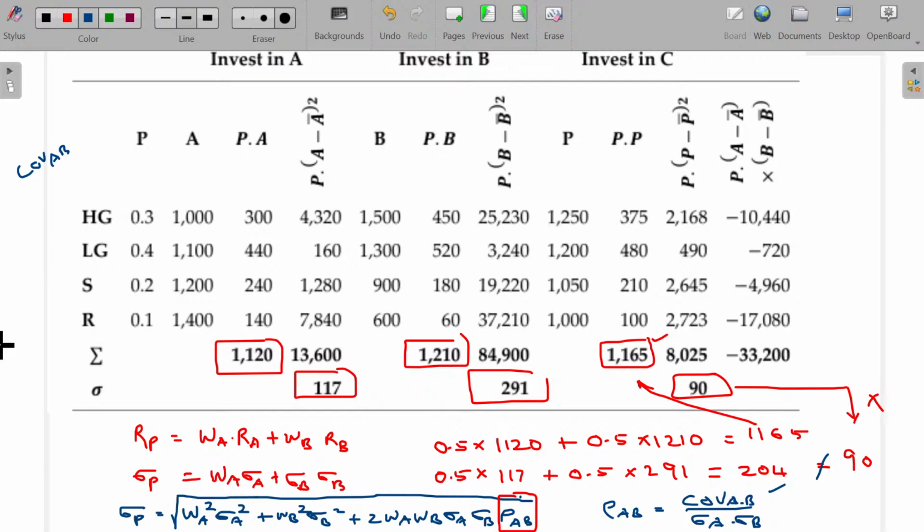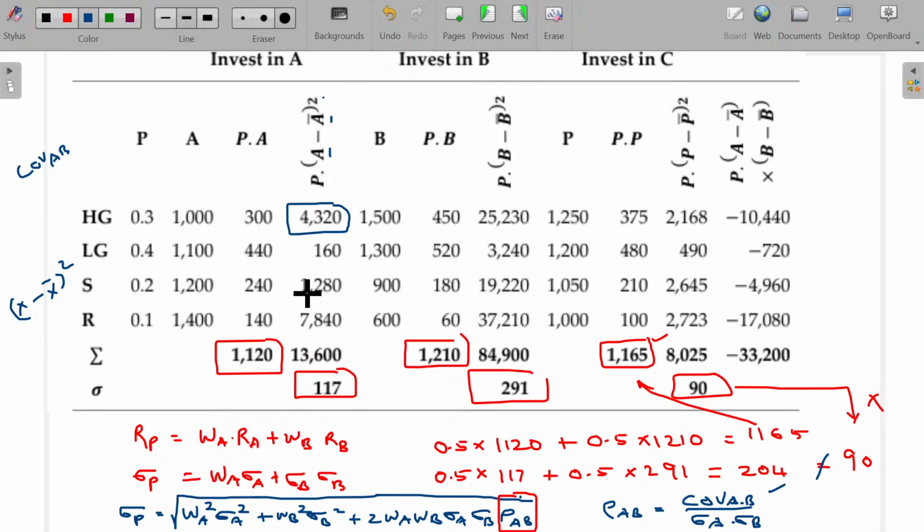What is the variance of A? What is the variance of B? How do you get the variance of A and B separately? Variance is nothing but x minus x bar to the power 2.